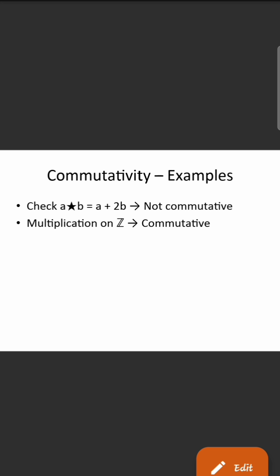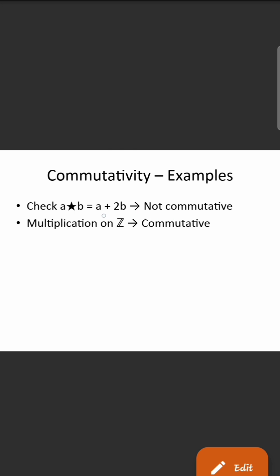Now let's look at commutativity. Commutativity is when A operation B is equal to B operation A. So if you can achieve that with the given operation, then it is commutative. So look at this. A operation B is A plus 2B. We said not commutative.